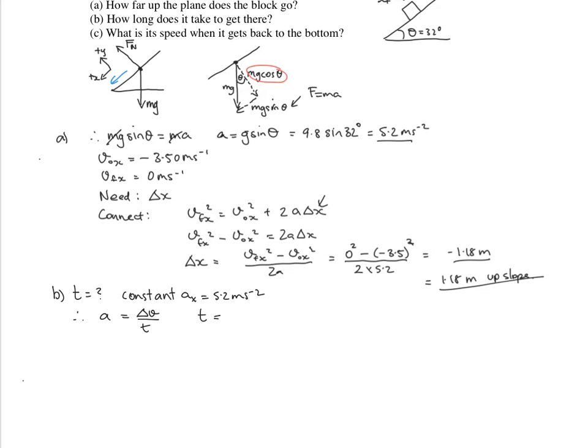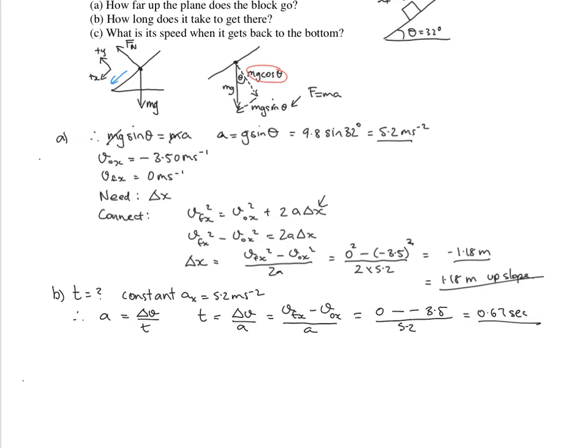So T equals delta V over a, which is Vfx minus V naught x, all divided by the acceleration. We have all of those values. We have Vfx is 0 minus negative 3.5 divided by the acceleration of 5.2, and we get 0.67 seconds.